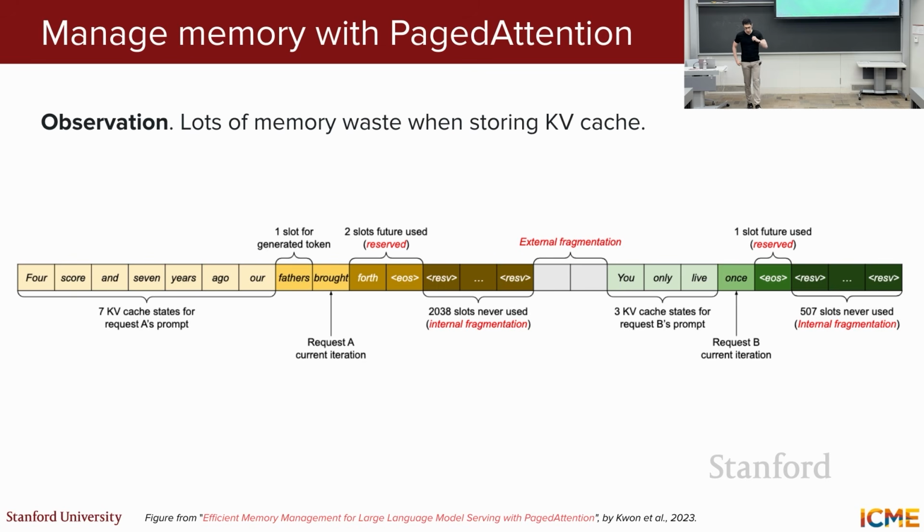So one observation is that it leads to a lot of waste. Let's say your context length is 2K, you have 2K reserved for a given request, 2K there.